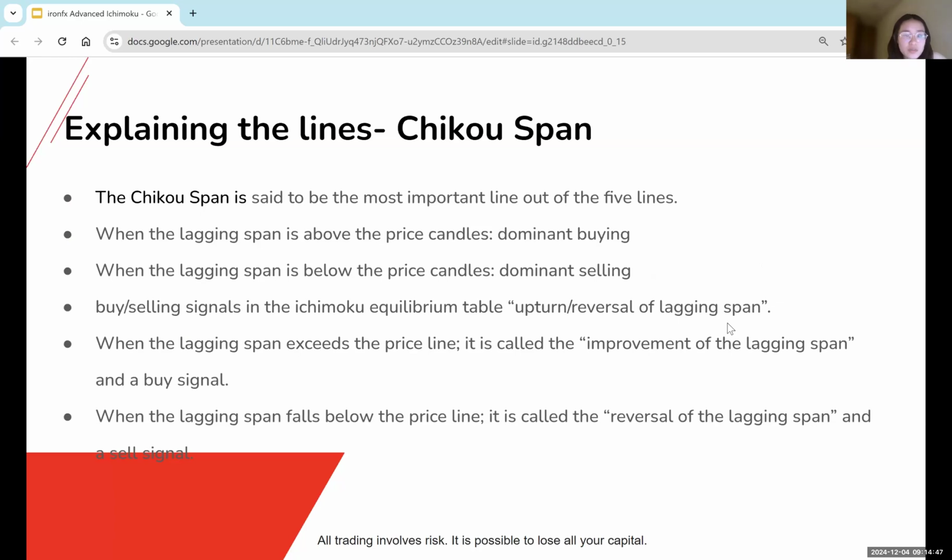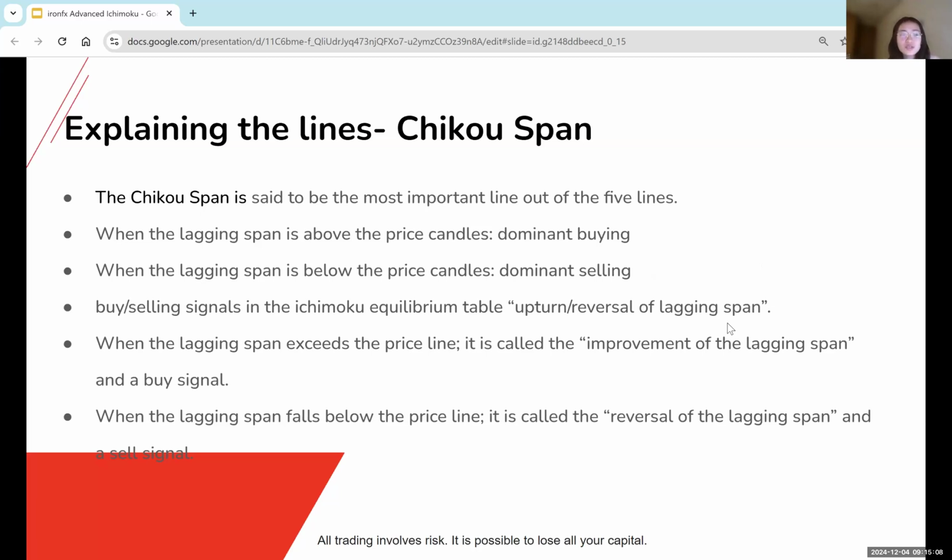So if we talk a bit about the Chikou span now, it's said to be one of the most important out of the 5 lines. So when the lagging span is above the price candles, it is dominant buying. And when the lagging span is below the price candles, it is dominant selling.